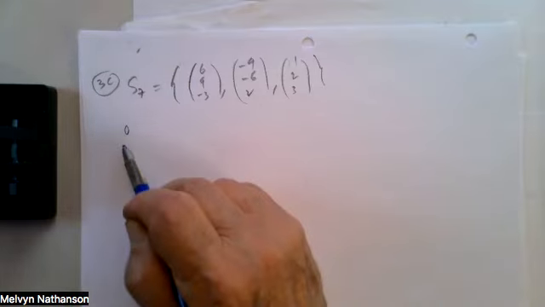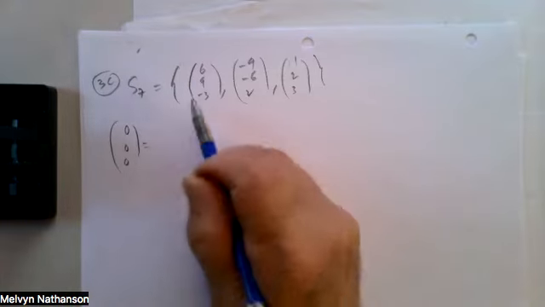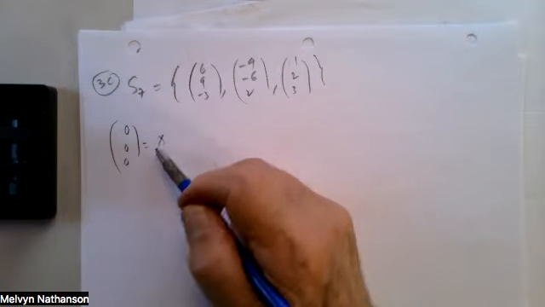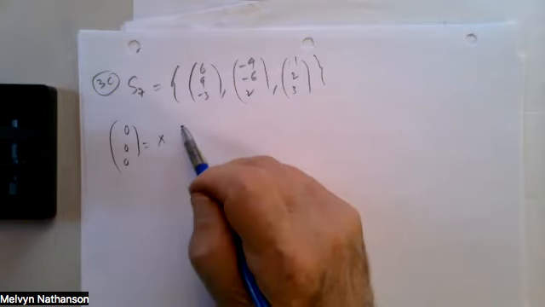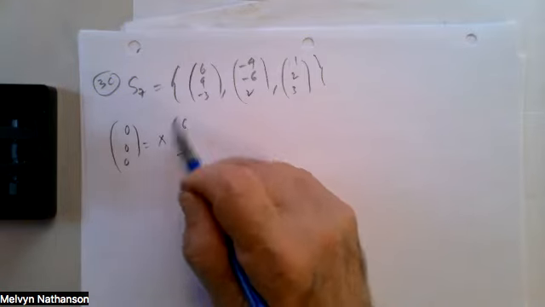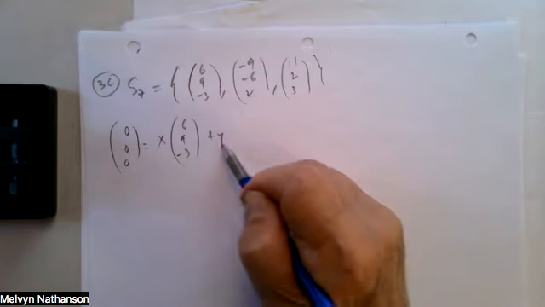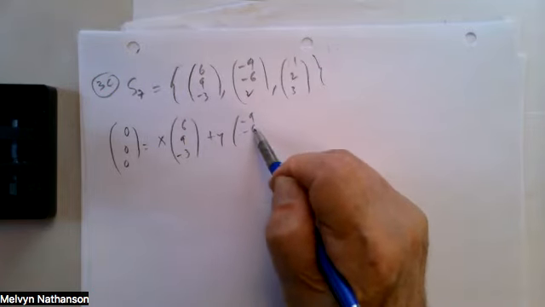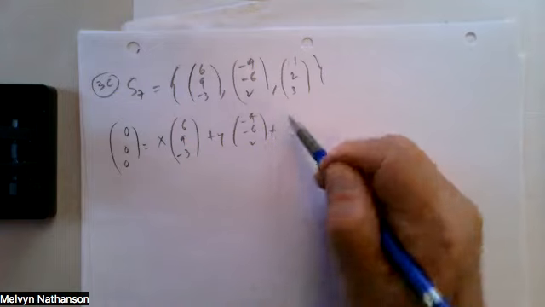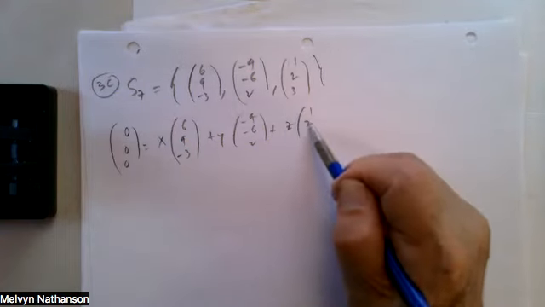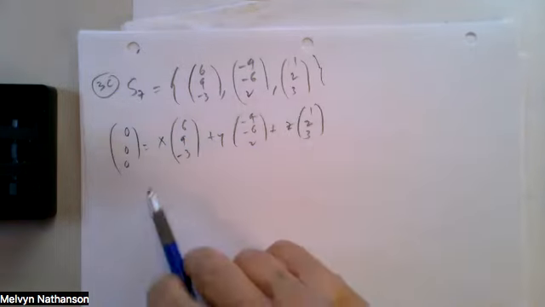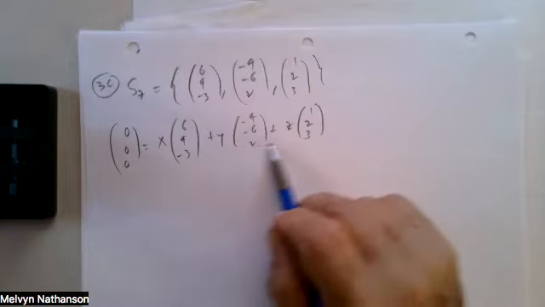So let's do it the old-fashioned way. Suppose the 0 vector is a linear combination of these three vectors. So x times (6,9,-3) plus y times (-4,-6,2) plus z times (1,2,3).